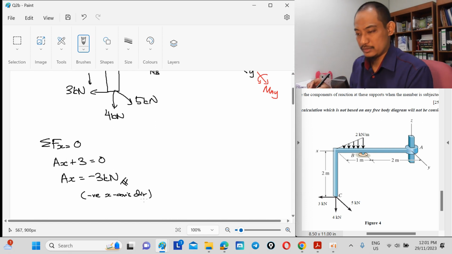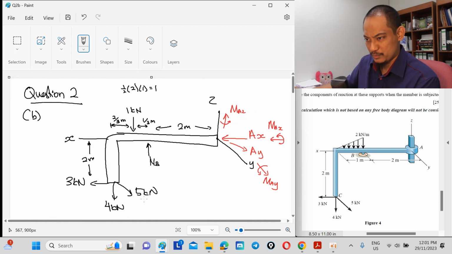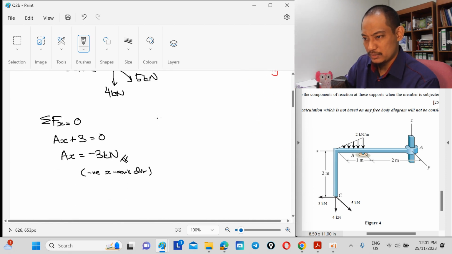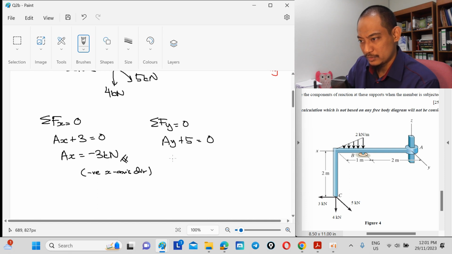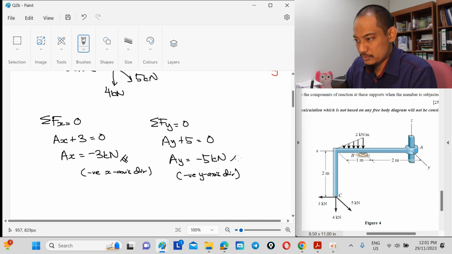What about y? Y we have only, okay, this is straightforward. Summation of Fy equal to 0, so Ay plus 5 equal to 0, Ay equal to minus 5 kilonewton, negative y axis direction, right? So that is solved.